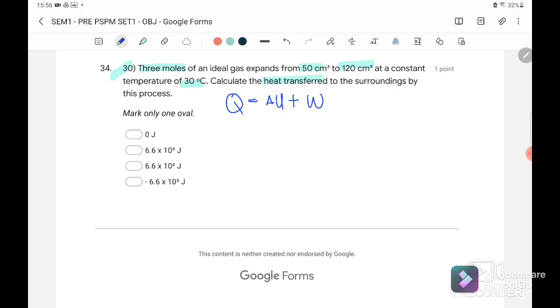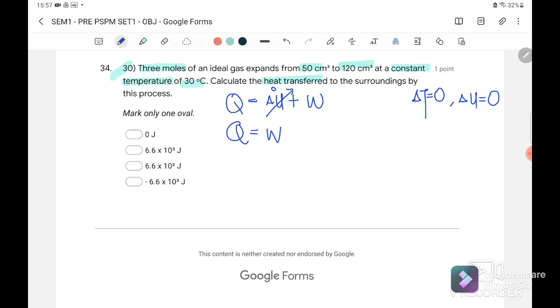Since the question says constant temperature, the change in temperature is 0, therefore the change in internal energy is also 0. Therefore, Q will equal the work done.